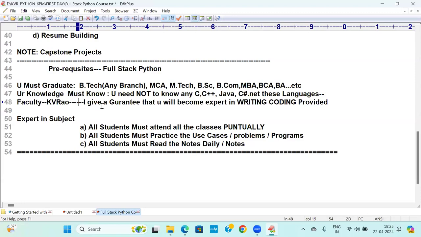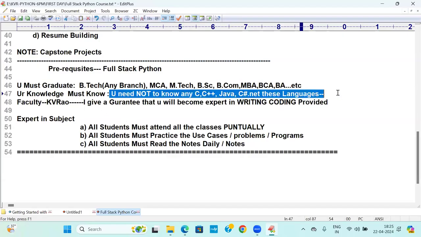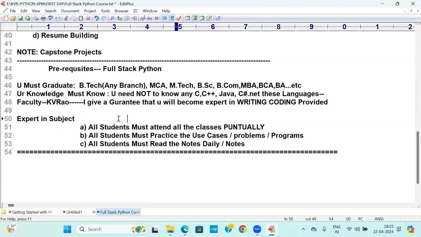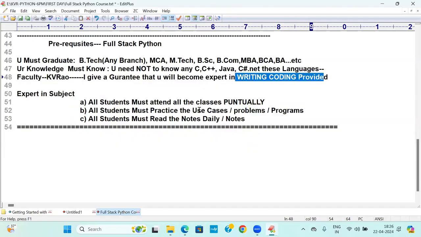No problem, students. I don't want any prerequisite knowledge from you. Wholeheartedly, I am fully responsible for making you an expert in my subject. I give you a full guarantee. You'll become an expert in coding. Coding is very, very important nowadays in any company. I'll make you an expert, provided you meet these three conditions.